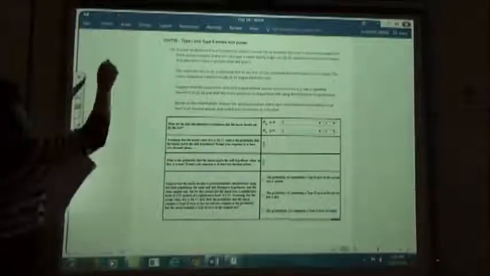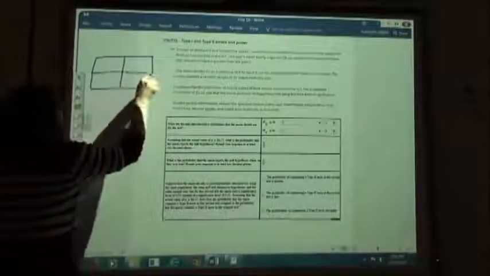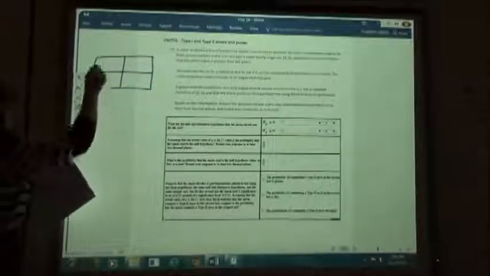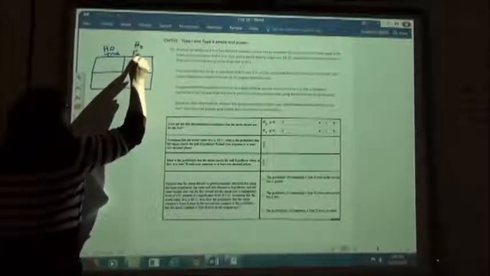So, if I draw my table, if our null value is true or our null value is false.